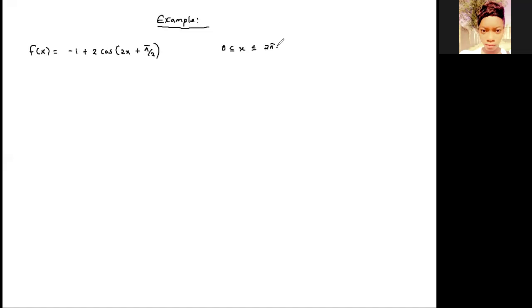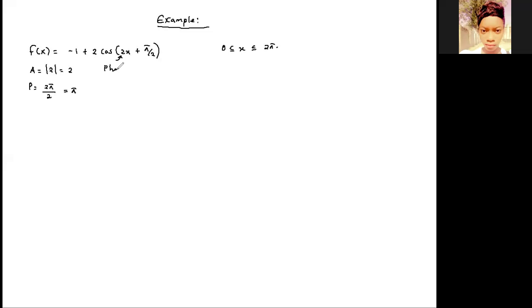Okay, so we sketch. So first, before we sketch, we must find the amplitude. We said it's the modulus of that coefficient there, which just becomes 2. Period is 2 pi divided by b, but our b here is 2, so we get pi.